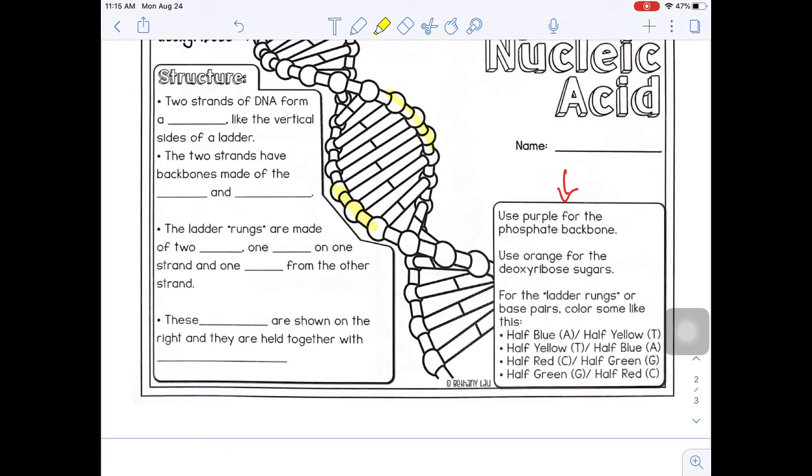These base pairs are always held together with hydrogen bonds, and A is always in a base pair with T, and C is always in a base pair with G.